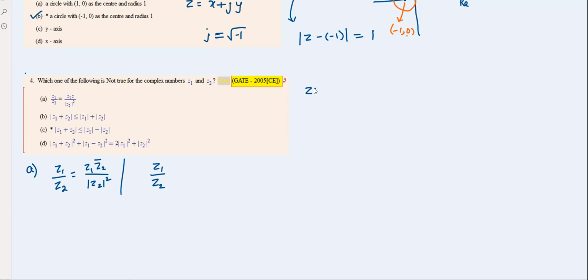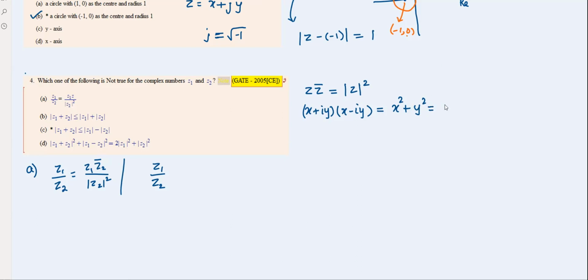Now Z into Z bar is mod Z square, correct? Because (x plus iy) times (x minus iy) gives us x square plus y square, since minus i square y square is plus y square.